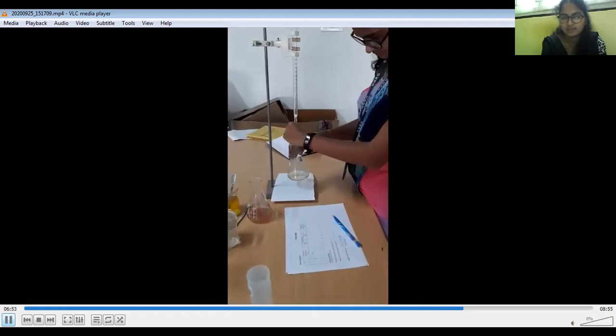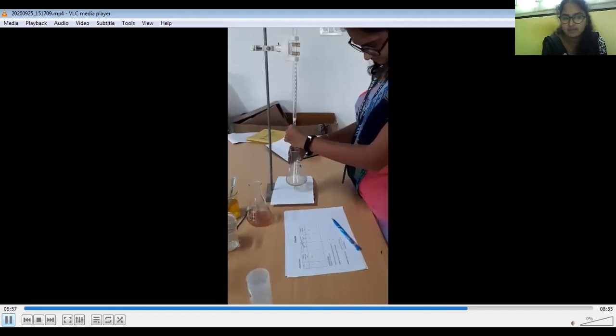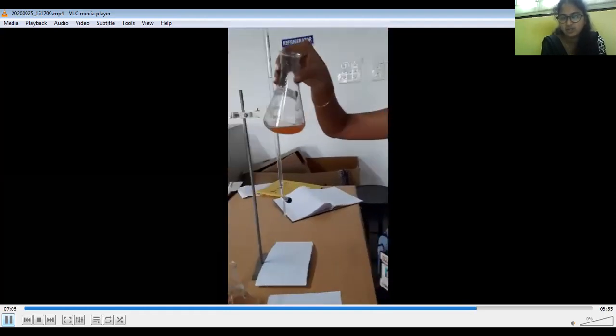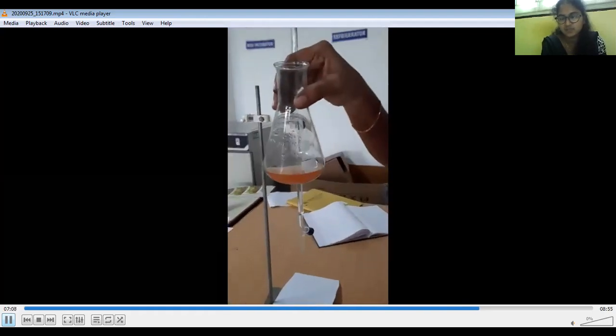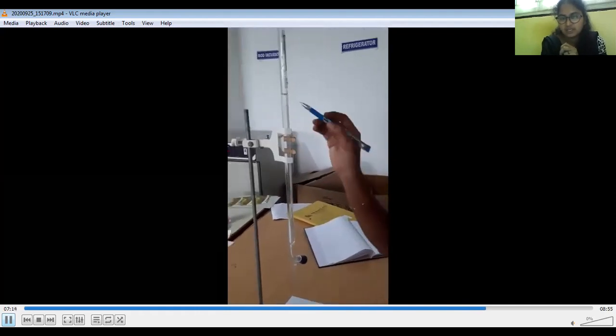Let's see the titration process. As soon as we notice the color change, that is, the reddish brick color appears, note down the reading.